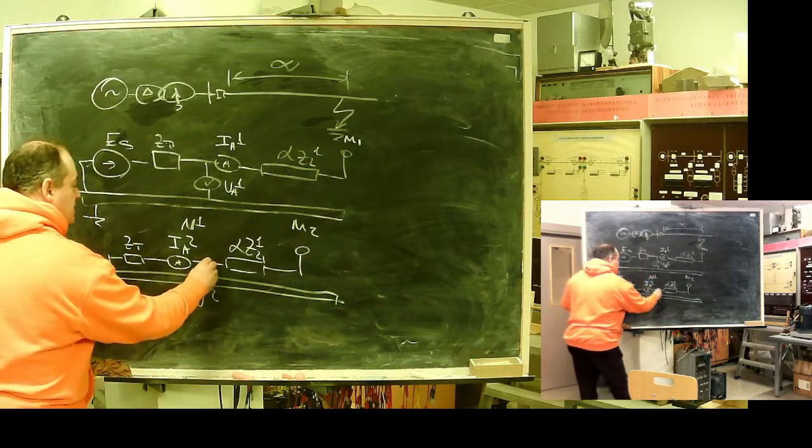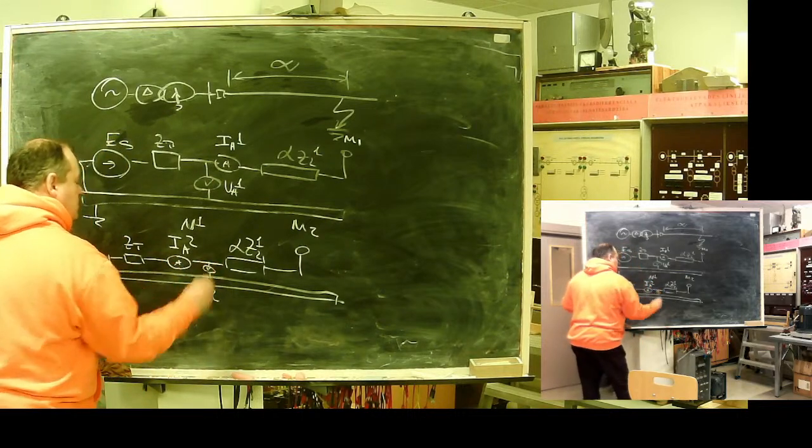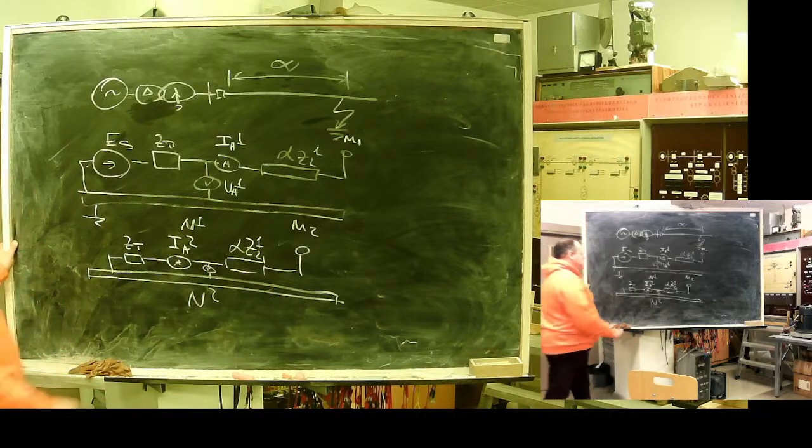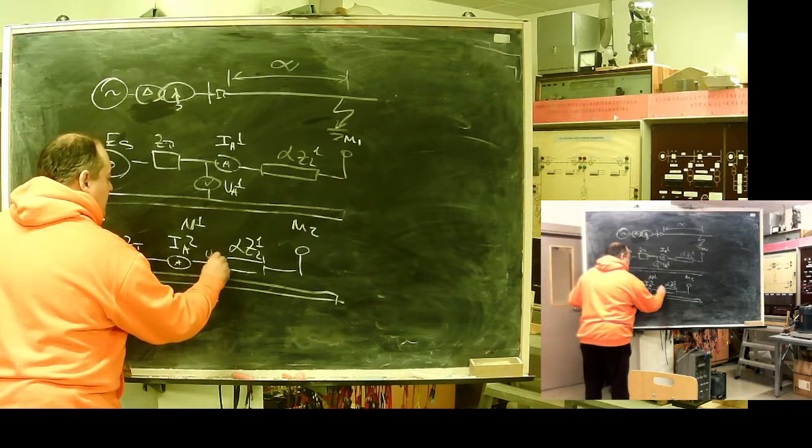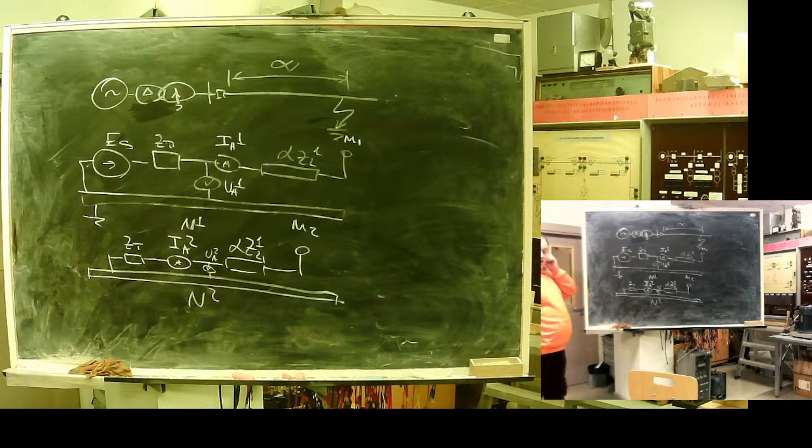Negative sequence, here I will draw a small voltmeter. This is the negative sequence voltage at the relay point.